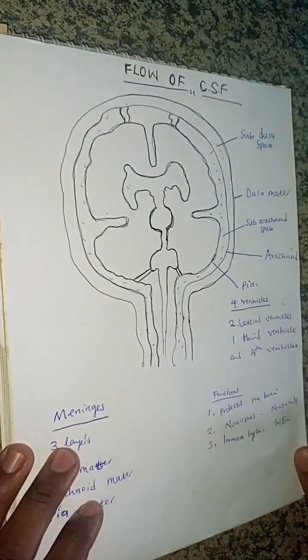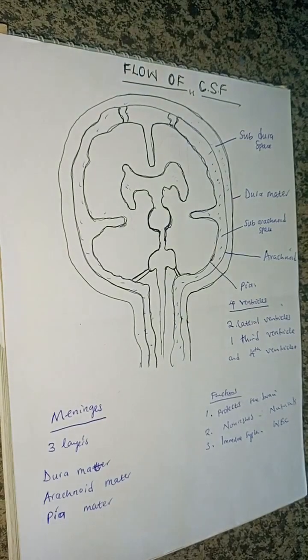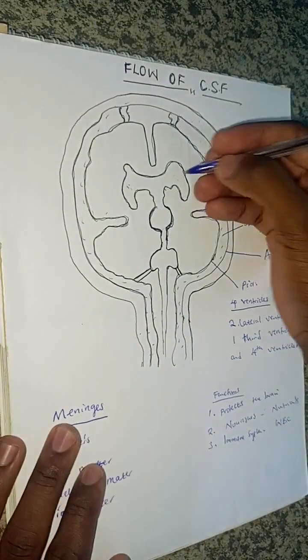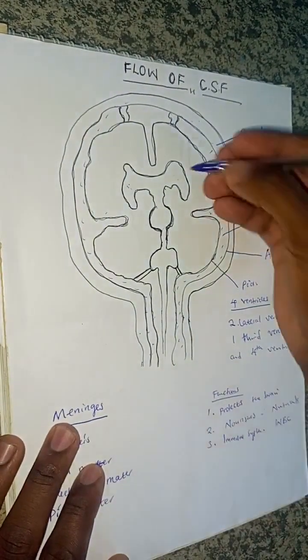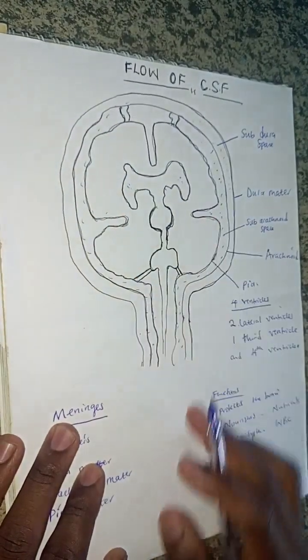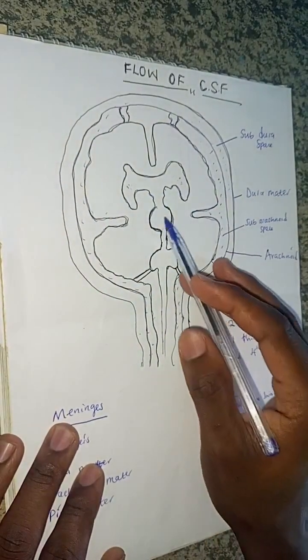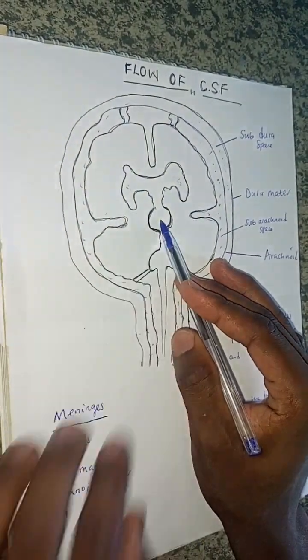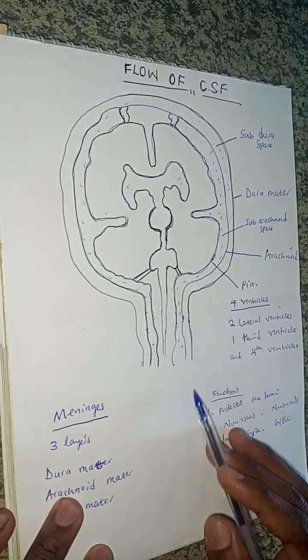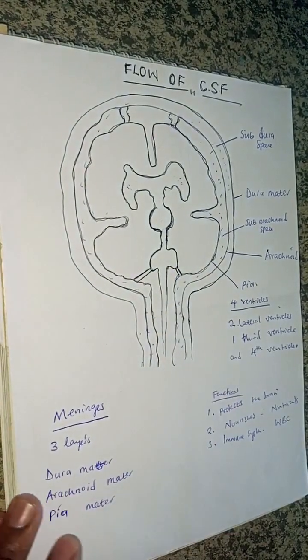Remember the anatomical orientation: whatever is facing you is the opposite side. Then this is the third ventricle, and this here is the fourth ventricle.